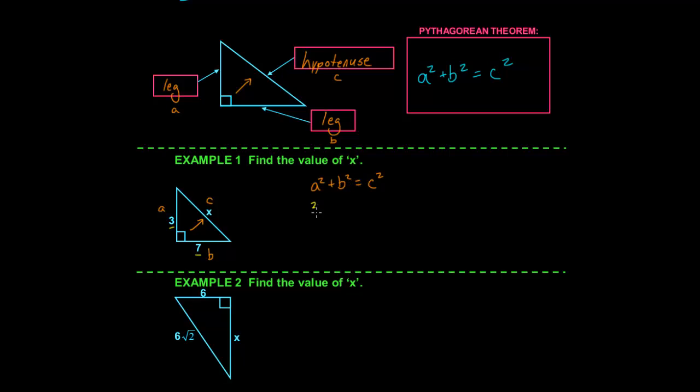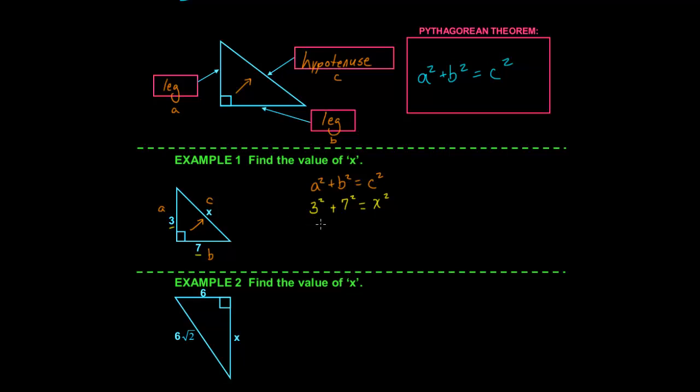So 3 squared plus 7 squared, our a and our b, that's what we know, equals, we don't know. We have an x value for it, so let's plug it in: x squared.